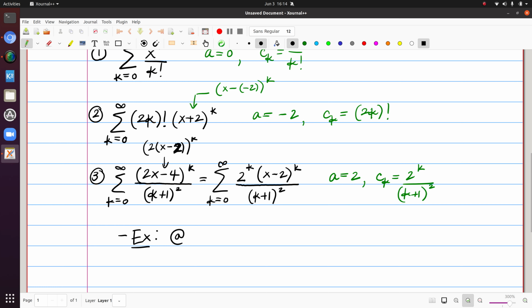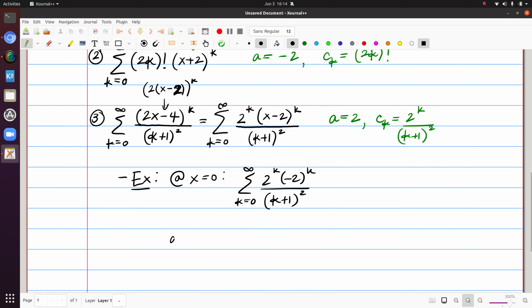So if I were to plug in x equals 0, then I would get the series 2 to the k times minus 2 to the k over k plus 1 squared. And of course, I could write that top part as negative 4 to the k.